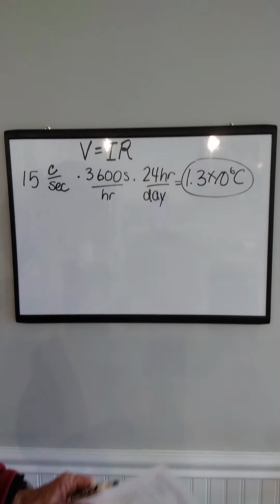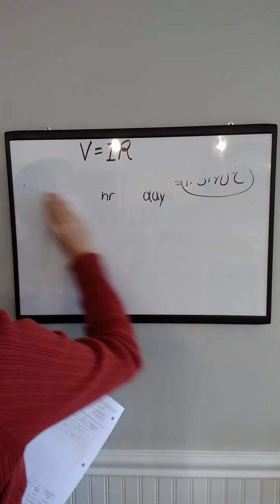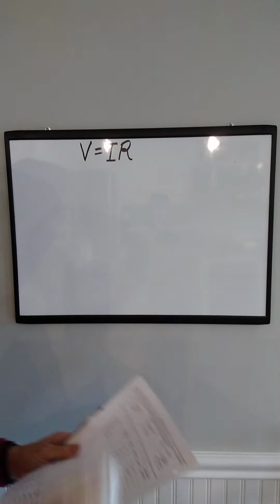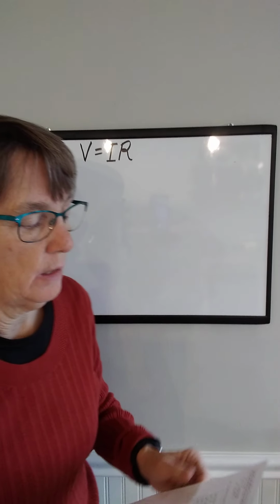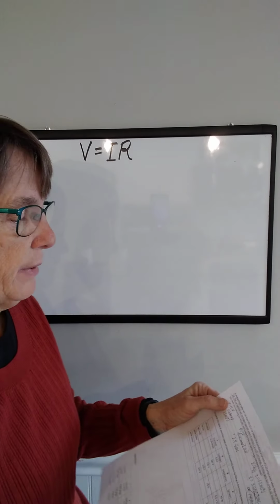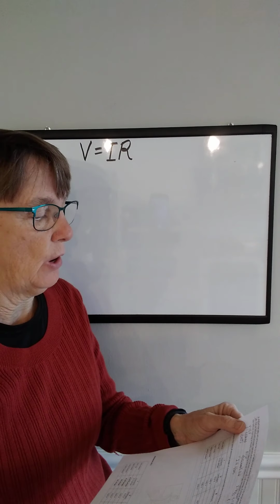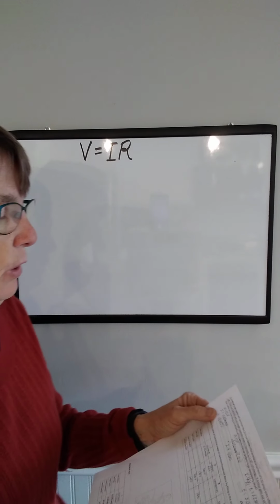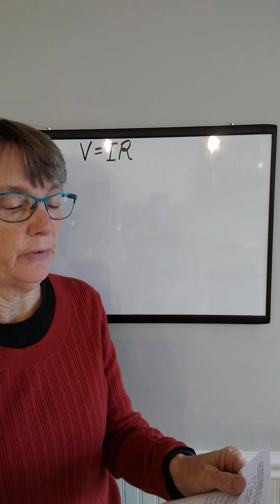Okay, one more. Turn it over on the back. Arthur's car radio will run from the 12-volt car battery that produces a current of 0.2 amps, even when the car is turned off. The battery will no longer operate when it has lost 1.2 times 10 to the 6 joules of energy.